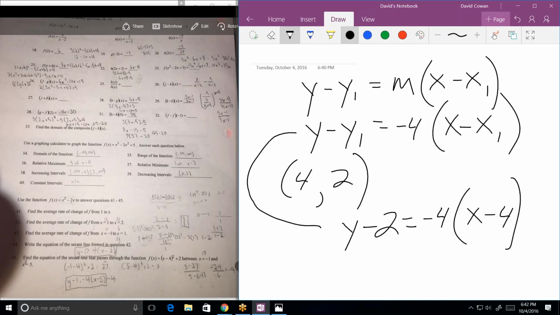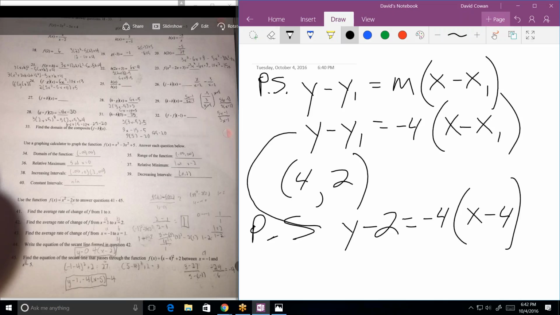You don't need to take that and put it into y equals mx plus b format. Point-slope is every bit as valuable as slope-intercept. And in fact, like I said, in calculus, it's more valuable. For one thing, you don't have to solve for b. Notice using the point-slope format, all I needed was a slope and one point.